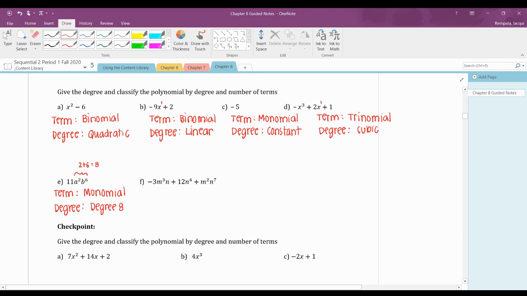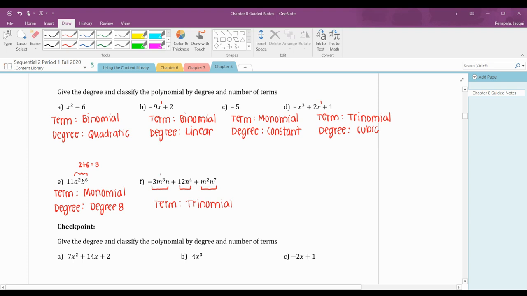All right, in this last one, we've got negative 3m to the third n plus 12n to the fourth plus m squared n to the seventh. So I see 1, 2, 3, and they're different because m and n's are in a couple of them, but their exponents are different. So this means that we have 3 terms, so this is a trinomial.